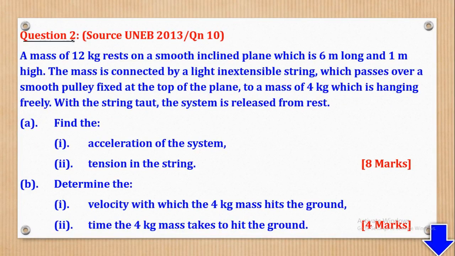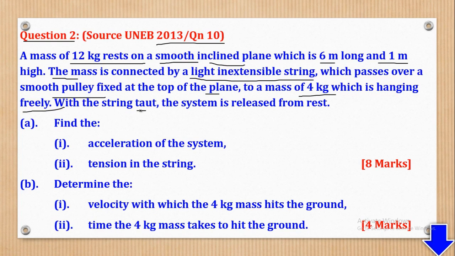Now question 2 came from UNEB 2013 paper 2 question 10, and it says a mass of 12 kilograms rests on a smooth inclined plane which is 6 meters long and 1 meter high. The mass is connected by a light inextensible string which passes over a smooth fixed pulley at the top of the plane to a mass of 4 kilograms which is hanging freely.